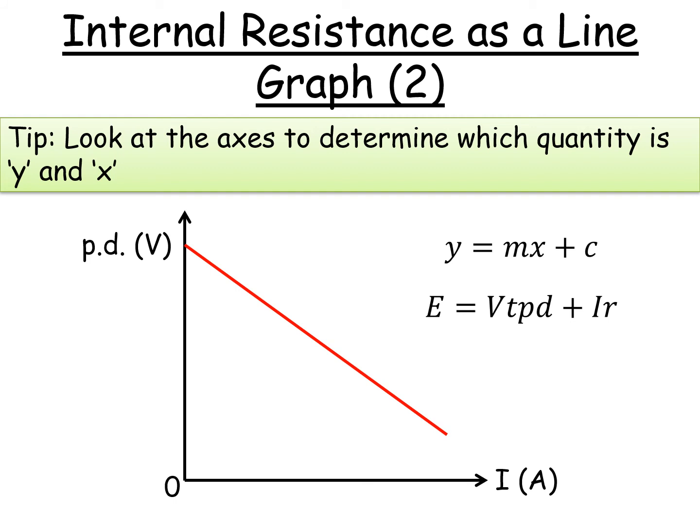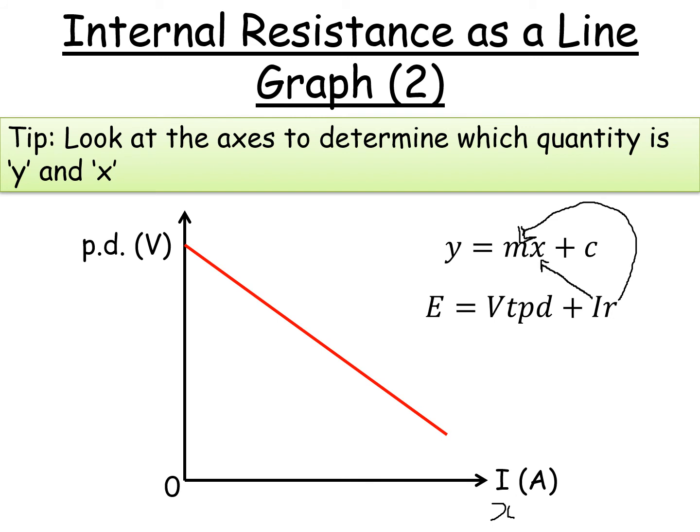Now if I look at the axis, this is your x-axis, and that tells me straight away that I must be x. So there, I can link the two together. So I must be equivalent to x. Okay, so I is equivalent to x. Now, if that's the case, that means straight away I know the gradient must be equivalent to the internal resistance.